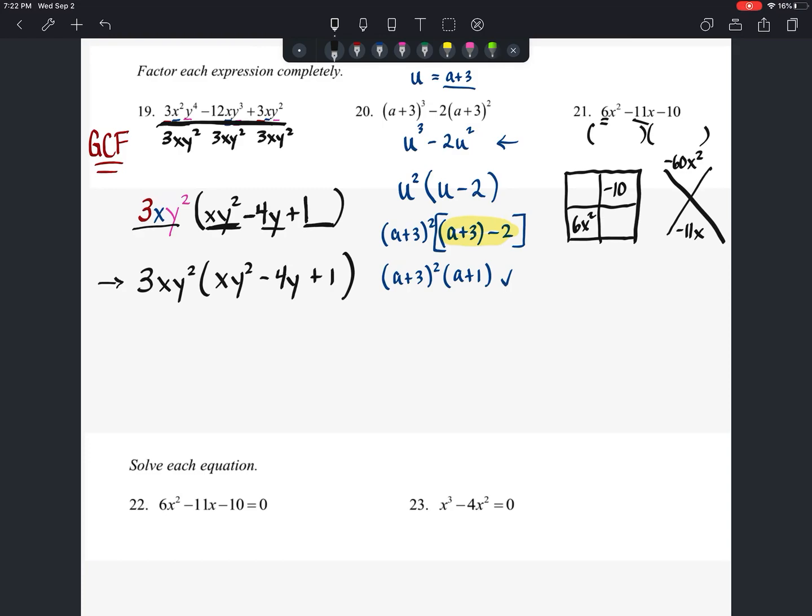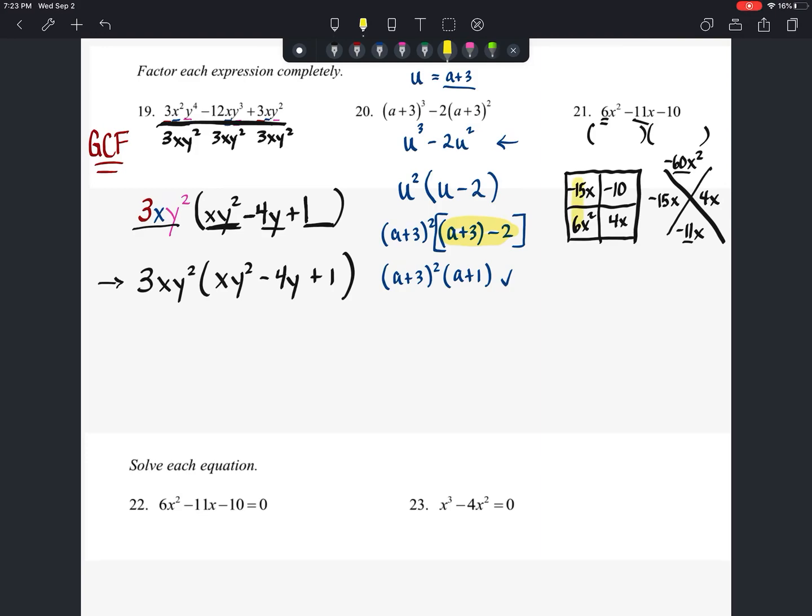Let's see. How about negative 15x and positive 4x? If I multiply those, it gives me negative 60, and if I add them, I get negative 11. So I'll throw them in the boxes up here, negative 15x and 4x.